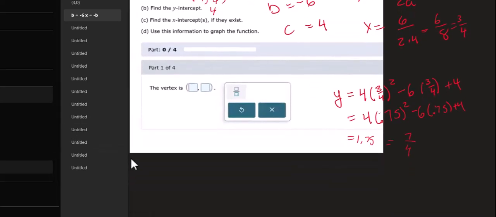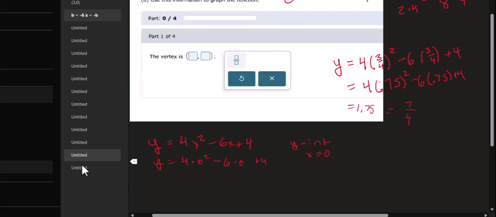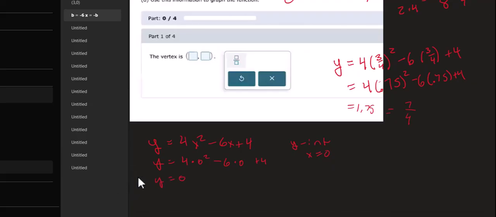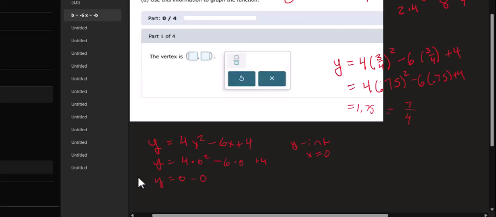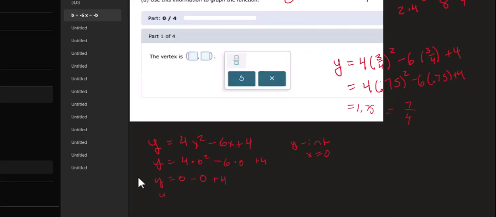So y equals 4 times 0 squared minus 6 times 0 plus 4. 4 times 0 squared is 0, 6 times 0 is 0, and 0 minus 0 plus 4 is 4. So y equals 4 is the y-intercept.